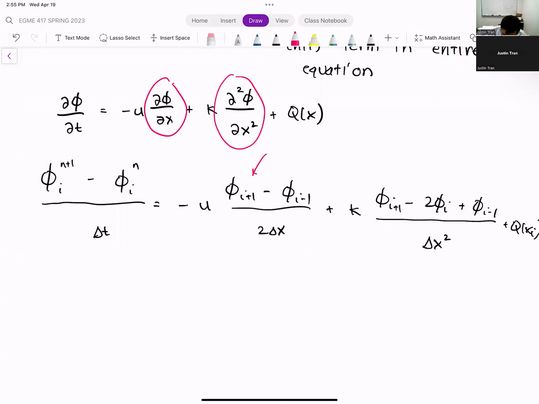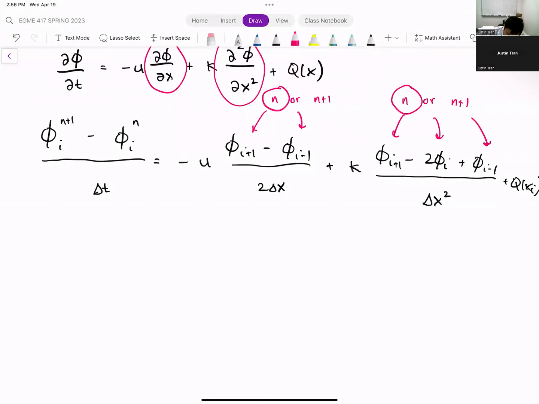For all five of these phi terms, we need to assign either n or n plus 1. Depending on what we choose, that leads us to either the explicit Euler method or the implicit Euler method. For explicit Euler, remember we only want one n plus 1 term in the entire expression, so we're just going to choose n for all of these.